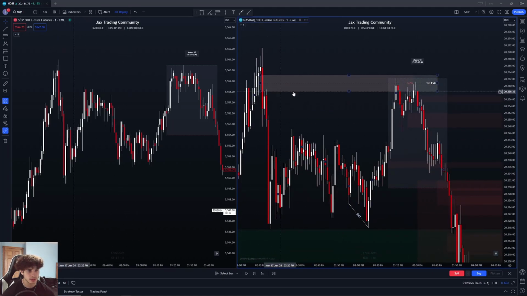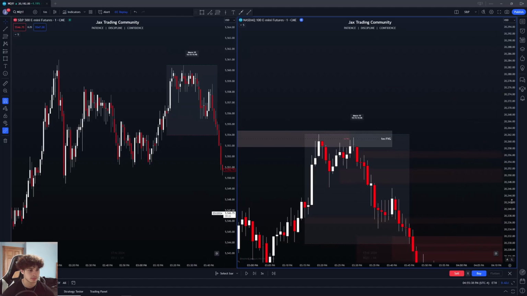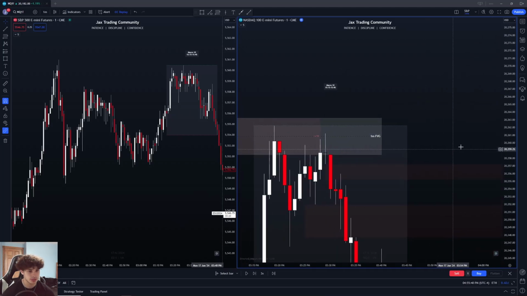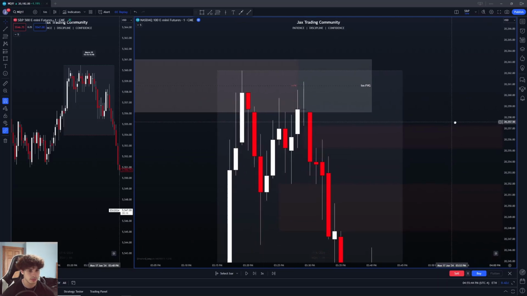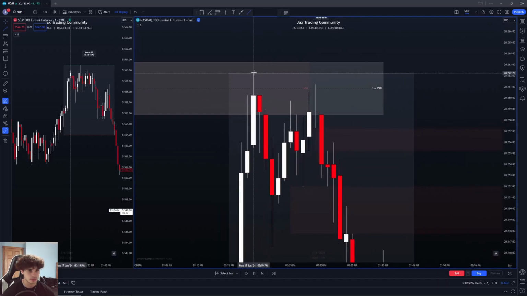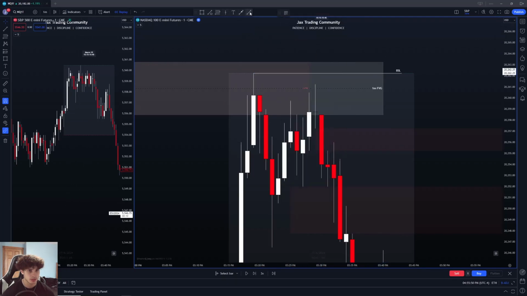So yeah, right here we come up, respect this fair value gap. In addition to this, I would consider this sort of like an SMT maybe. This right here is an SMT. This is an internal model thing I usually see as well. So you have your external buy side, right?